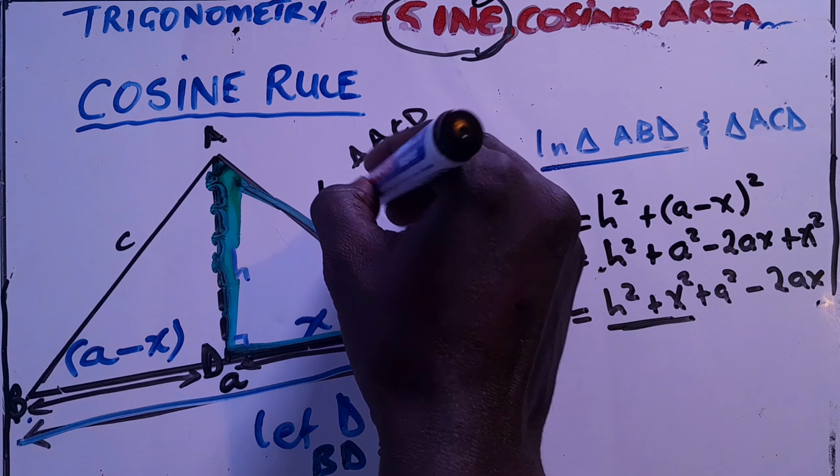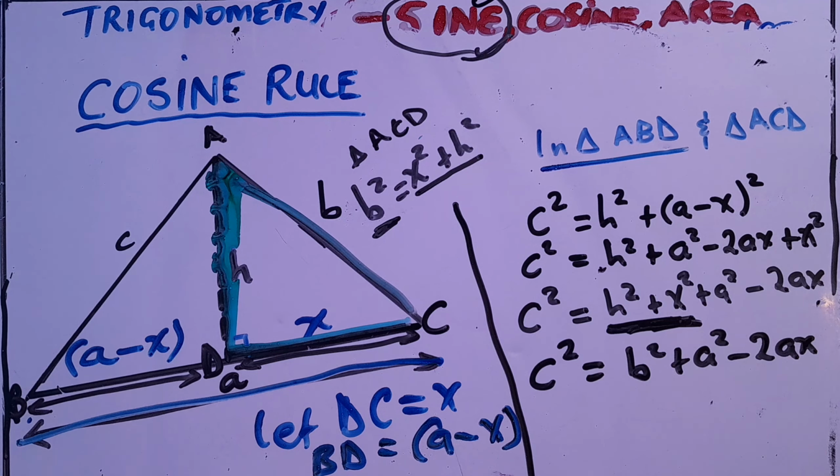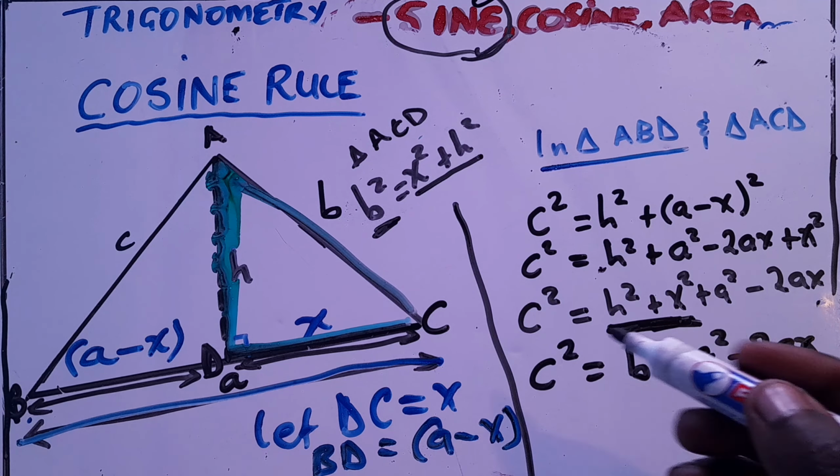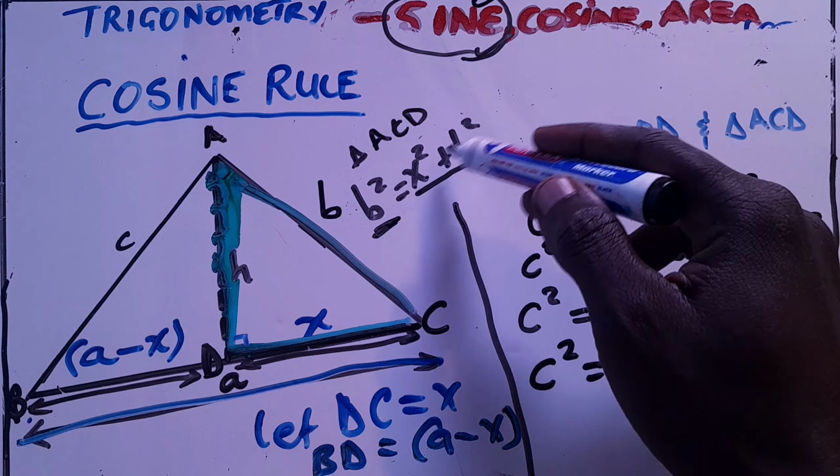But look here, we're having the same situation here, X squared plus H squared. So now our C squared becomes, we can replace this by B squared. So this becomes B squared plus A squared minus 2AX. Can you see that? Yes. So this is the situation we got from this.